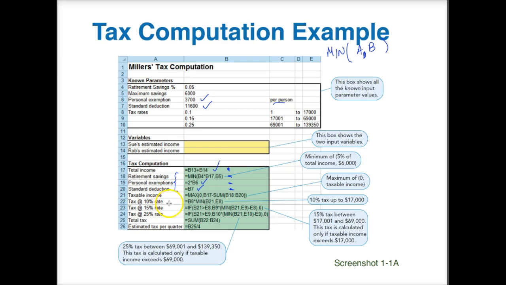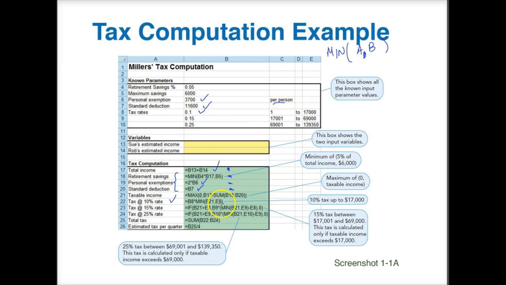if we move on to the 10% tax rate, then we're taking cell B8, and of course cell B8 is whatever our tax rate is, which in this case, if we look at the 10% tax rate, is 10%. And we're going to do the minimum between B21 and E8. So B21 is how much taxable income we have, okay?